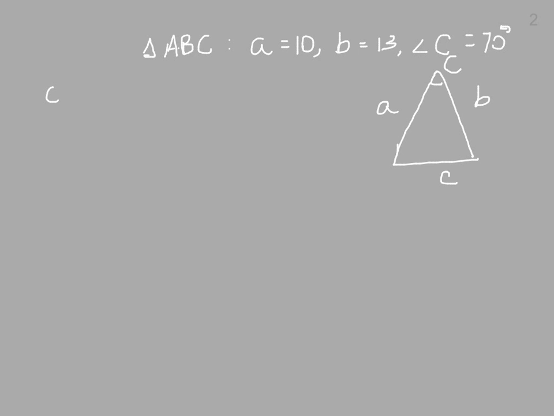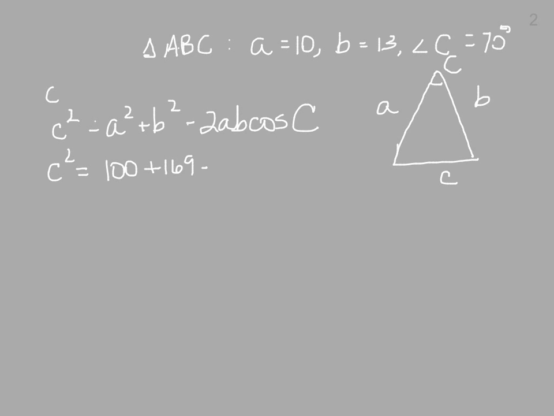Our formula says that C squared is equal to A squared plus B squared minus 2AB times the cosine of angle C. So you see C on each end, and we're going to substitute in. A squared is 100 because 10 squared, and then we have 169, and then 2 times A times B, which is 130, and then cosine of 70.